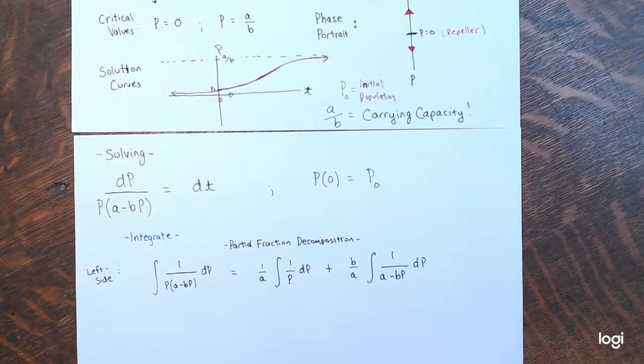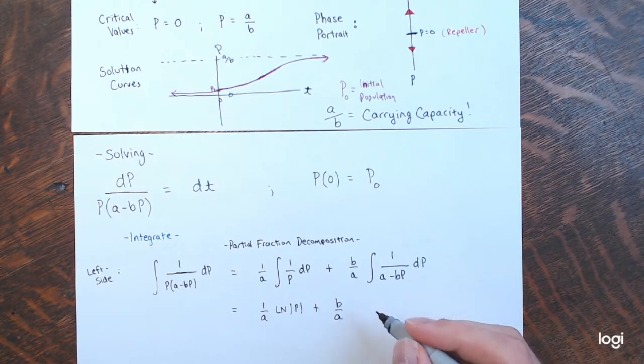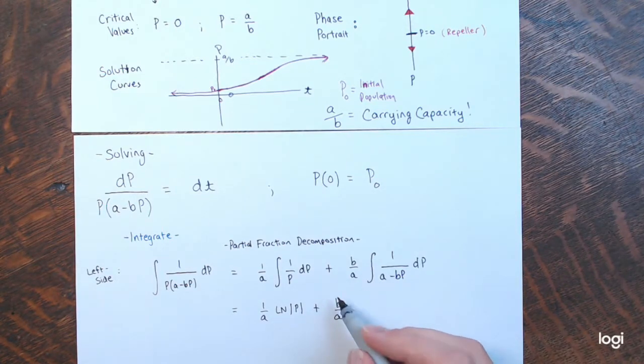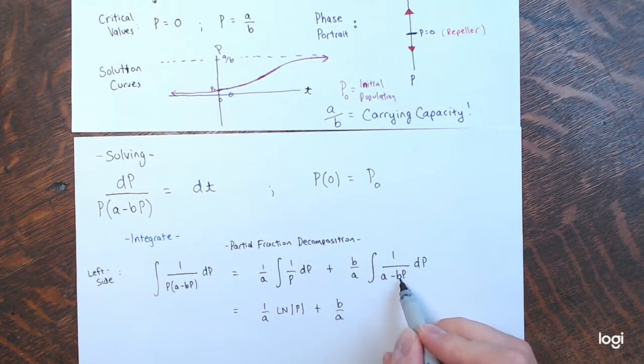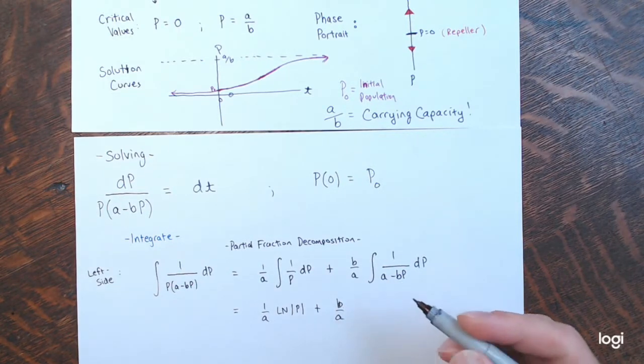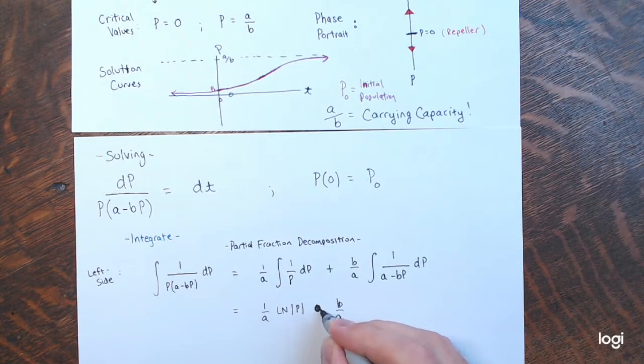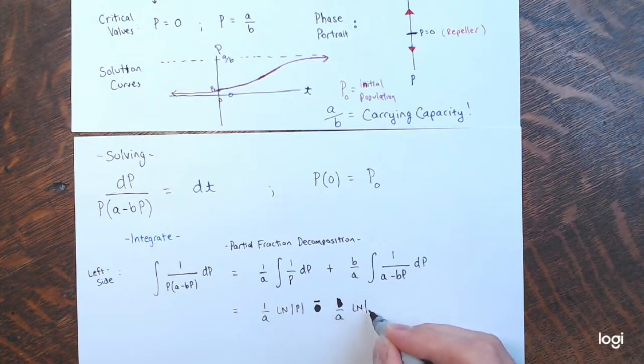All right. Then after actually integrating, we'd have 1 over a times the natural log of the absolute value of p plus, actually, 1 over a again, because if I do some substitution here, the b would go away, and then I'd have minus, so my apologies, minus 1 over a times the natural log of the absolute value of a minus bp.